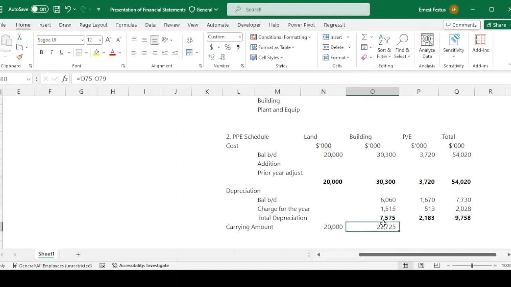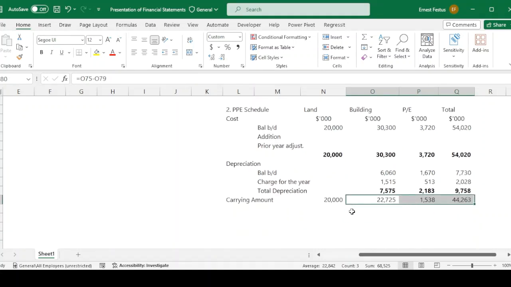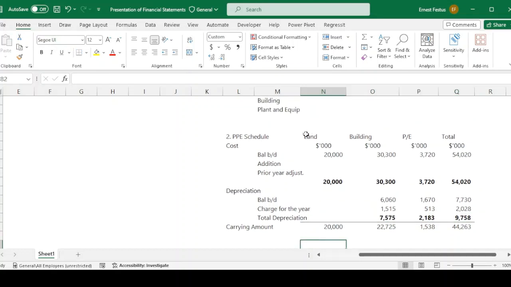And then I can copy the formula across. So this is our property, plant and equipment schedule. So that is our carrying amount right there. Then we insert border. So that is what we have right there.